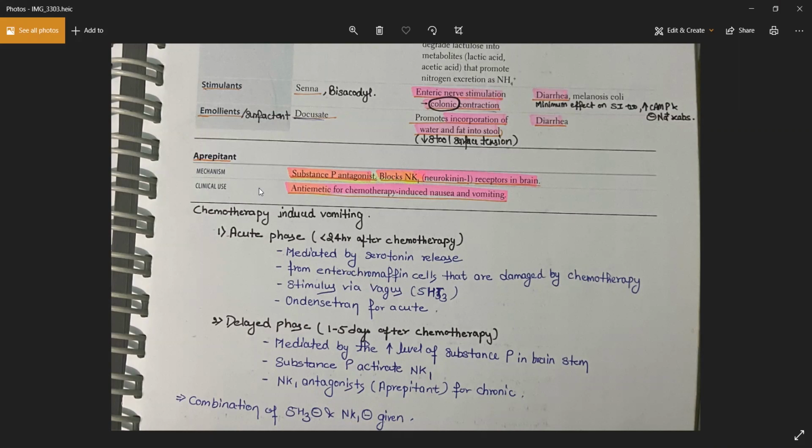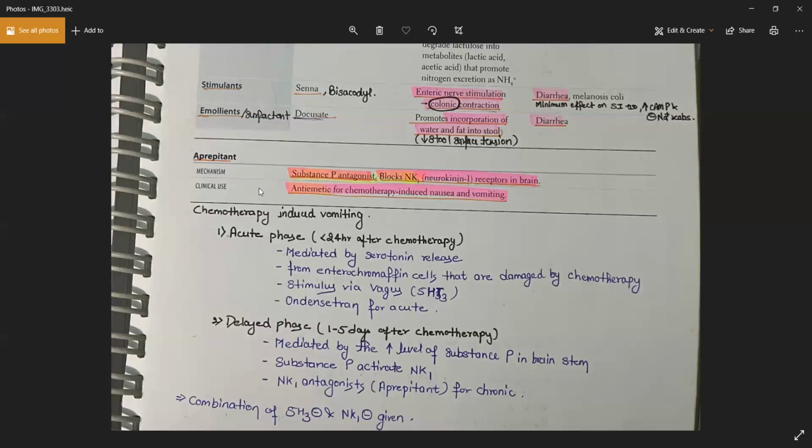See, chemotherapy always causes damage to those cells which are rapidly dividing, right? In the stomach, you also have stem cells which are rapidly dividing all the time, and you also have serotonin receptors in the stomach. So whenever you give the patient chemotherapy, it will cause damage to these cells, and the receptors get activated.